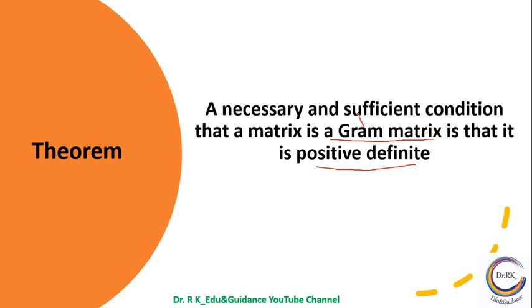So gram matrix means we immediately have to recall A equal to B transpose B. Necessary and sufficient condition: this matrix A is a gram matrix if and only if it is positive definite. This is the property which we will prove.